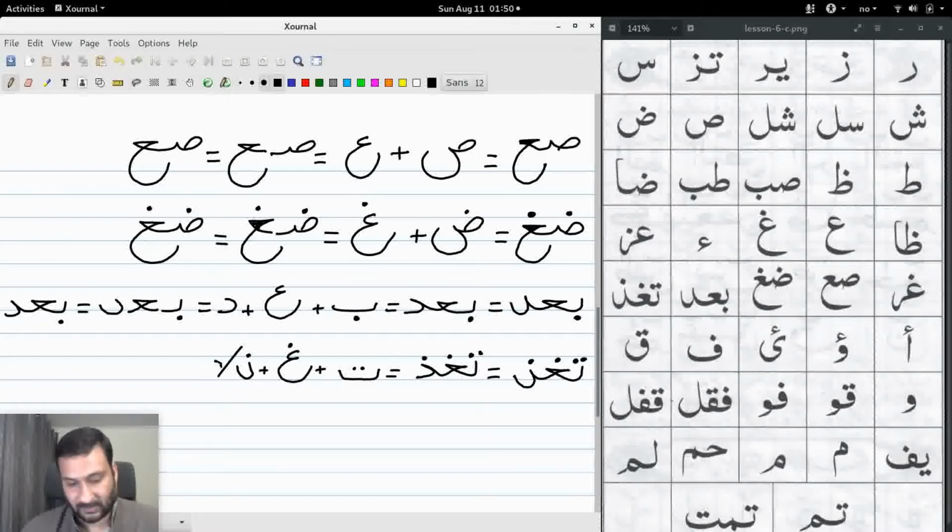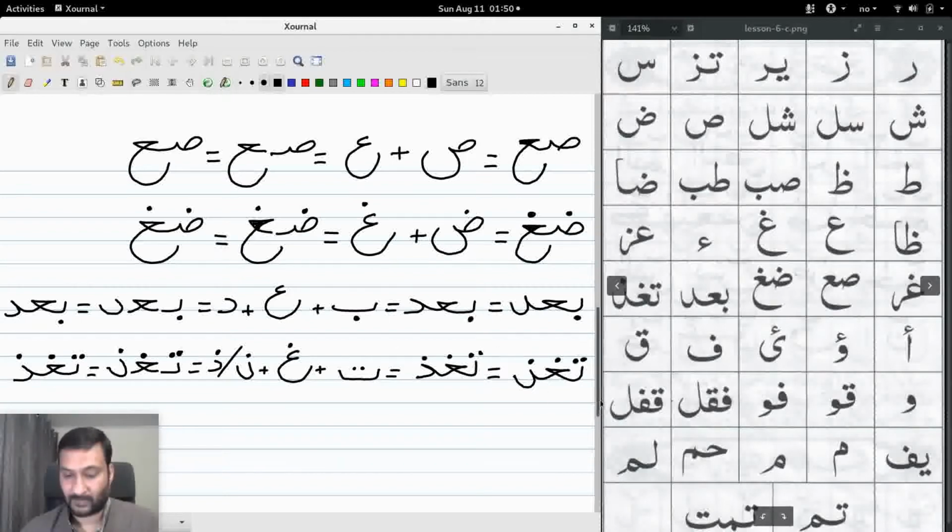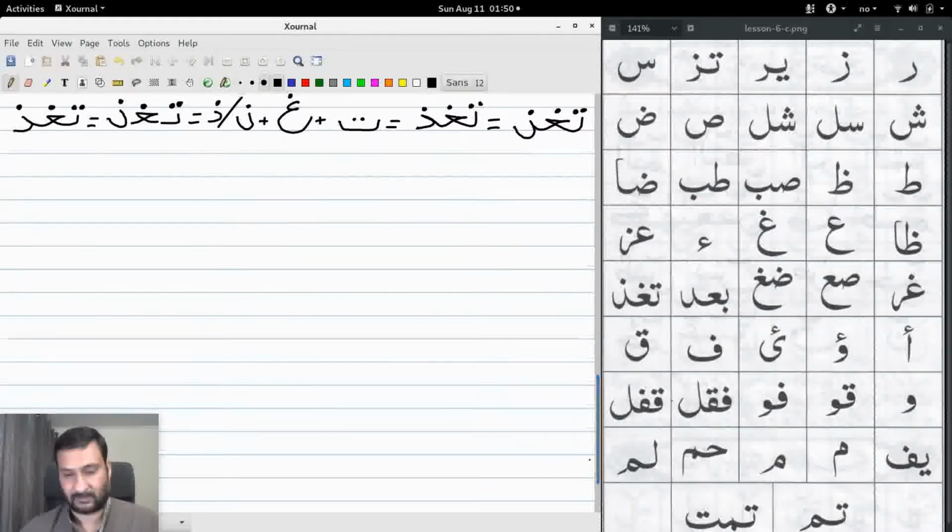This one or this one. Then you write it as ta, which is in the beginning of the word, ghain, and then you write this dal. Ta, ghain, dal, which will become ta, ghain, and I'll write the correct dal, so just so you understand, ta, ghain, dal. Very good. We have covered ta, ghain, dal.